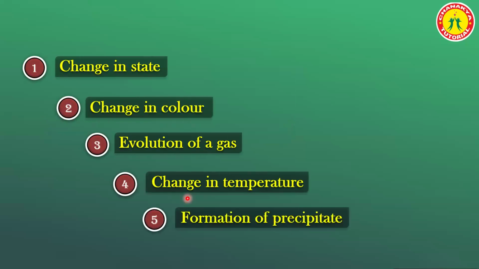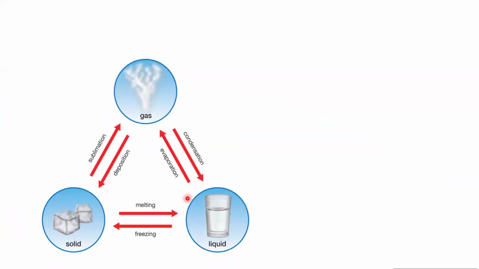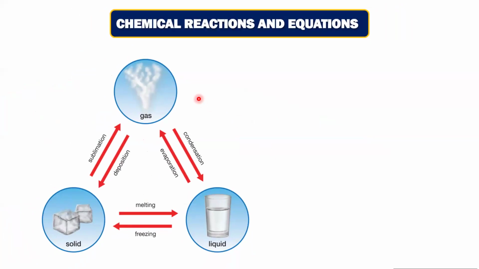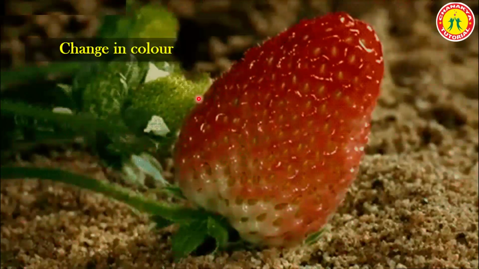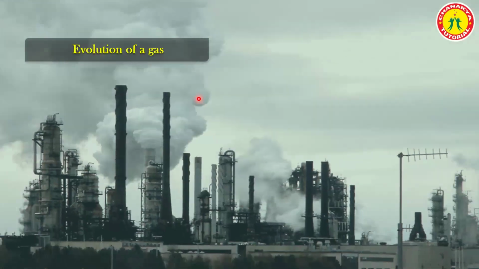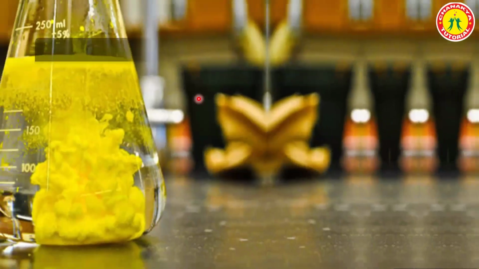So all these were examples of chemical reactions. So again, we see that during a chemical reaction, there can be change in state, change in colour, evolution of gas, change in temperature, or formation of precipitate.